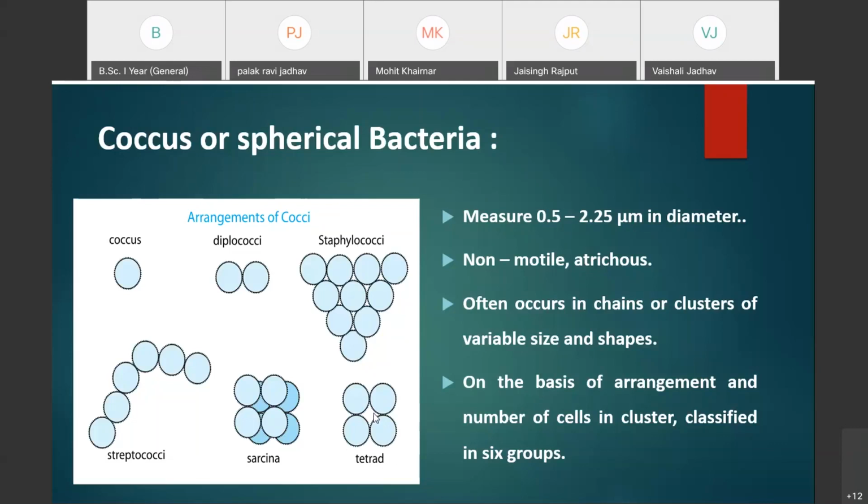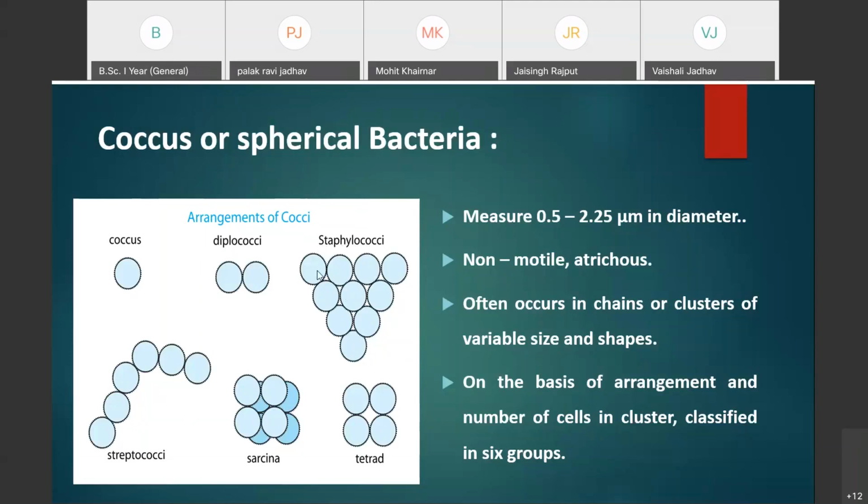Then there is another group of coccus bacteria, where a large number of cocci are present and form an irregular shape. In other words, an irregular group of a large number of cocci is referred to as the staphylococci.